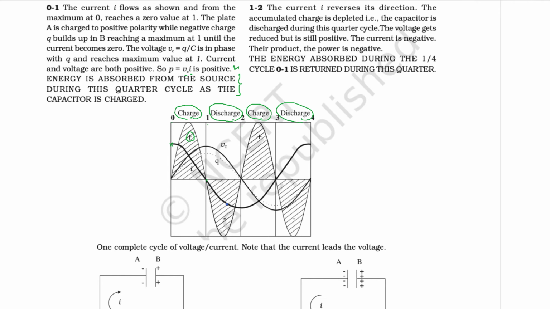It is increasing on the negative side, and will reach its minimum value. The voltage is positive, but the current is negative here, and the power is Vc times I. As the current is negative and voltage is positive, the power is negative. All right, so the discharging process will then take place.